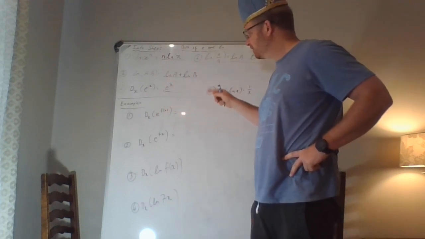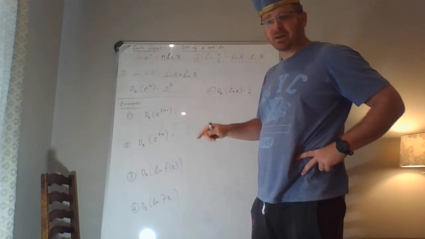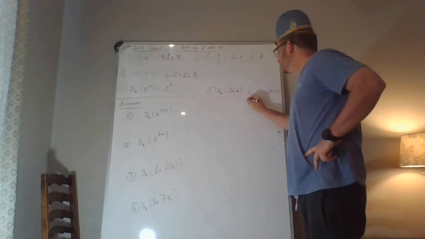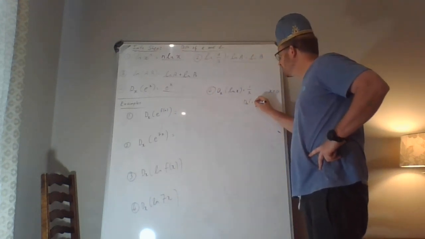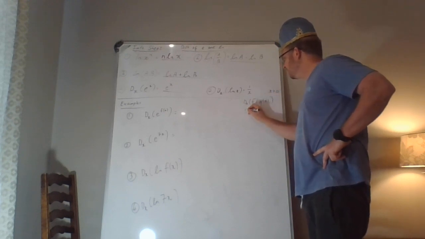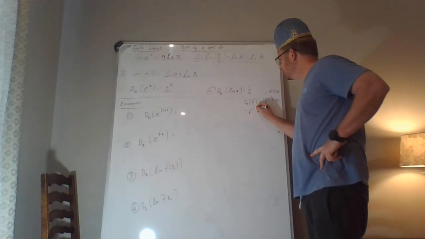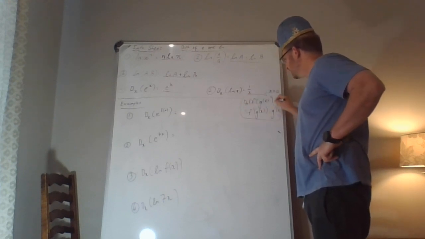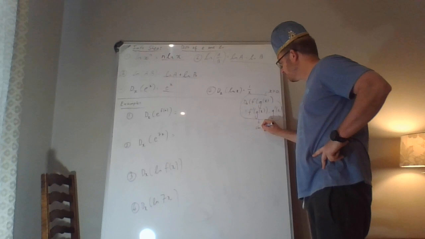So the chain rule says the derivative of the outside function times by the derivative of the inside function. Remember, the chain rule says that the derivative of f applied to g of x is equal to the derivative of the outside function, f dash g of x, times by the derivative of the inside function. That is the chain rule.